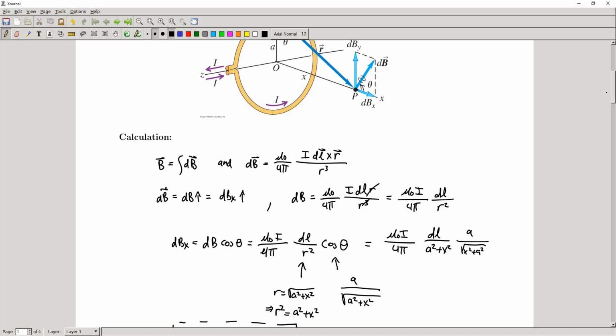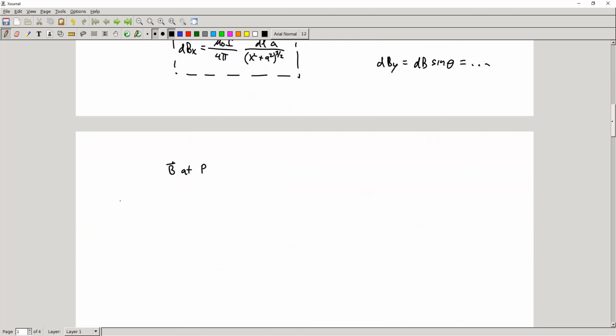And so again, let me rewrite that: B is going to be equal to Bx i hat, which is going to be equal to the integral of dBx, pointing in the i hat direction. And so our Bx is obviously going to be equal to the integral of dBx. And now we're in a position where we can write out what this integral is going to be. We have the integrand up here, and we're going to be integrating over the loop.